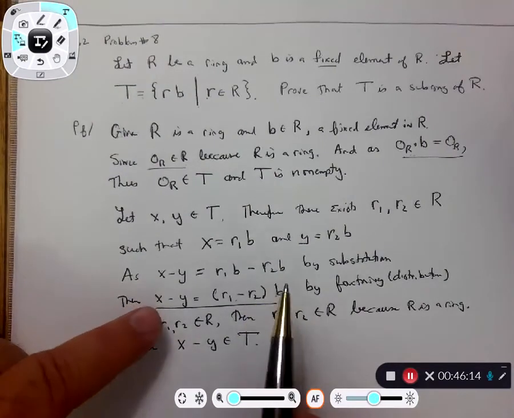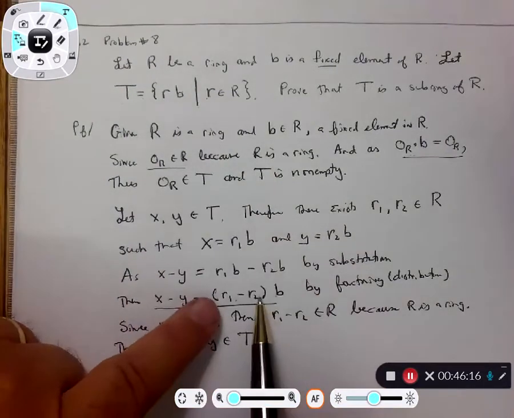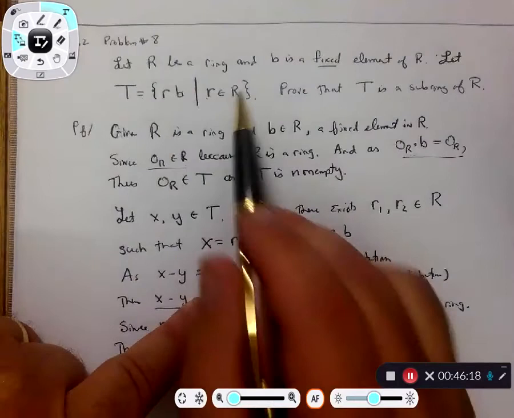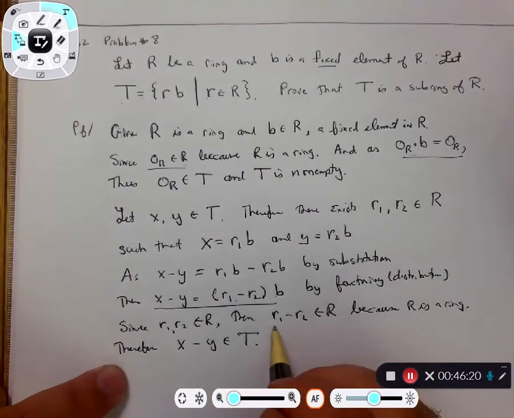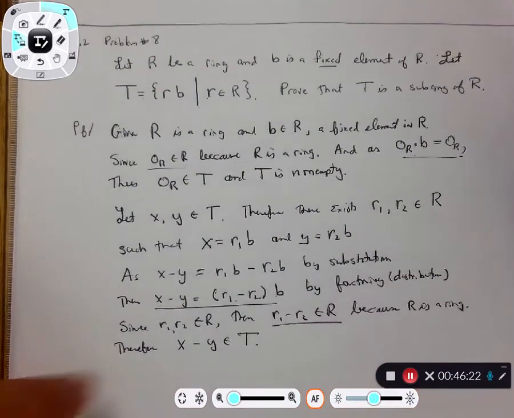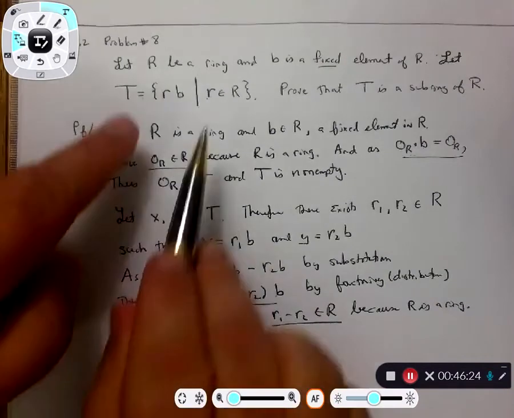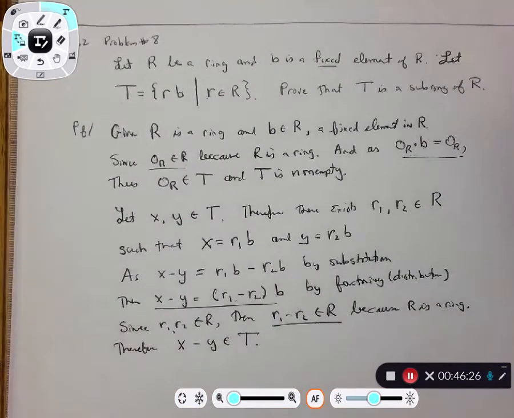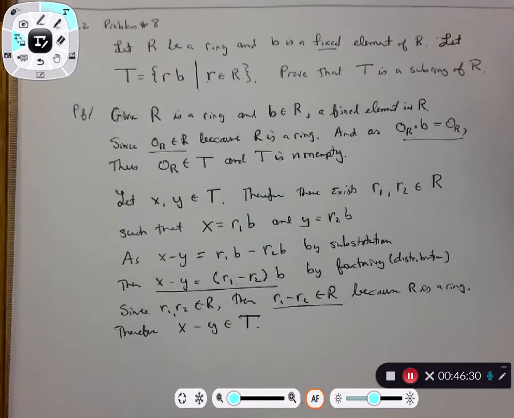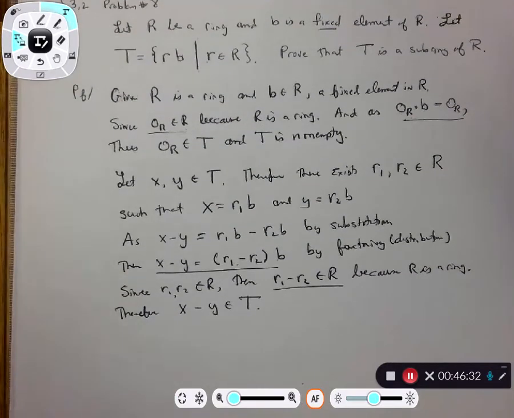And now the second part, the R, the guy in front of the B, has to be satisfied. And I satisfy that in my proof right there. So these two parts have been satisfied. That's what puts X minus Y inside of T. Now, here's the big deal.